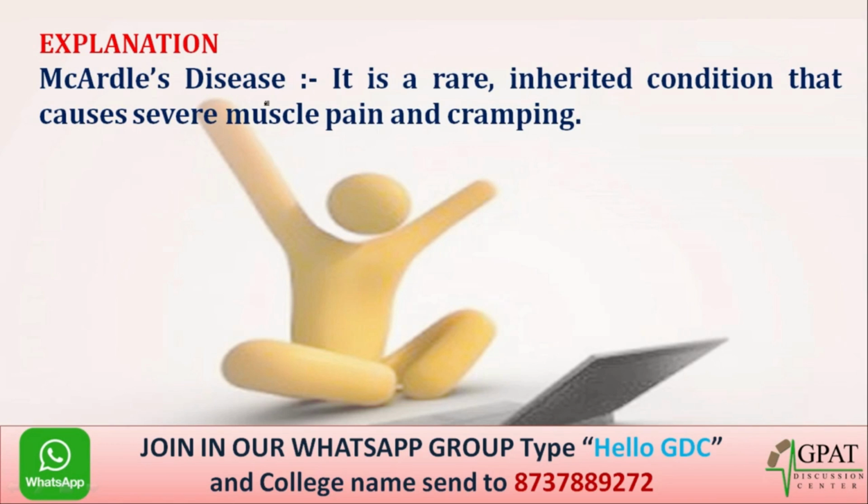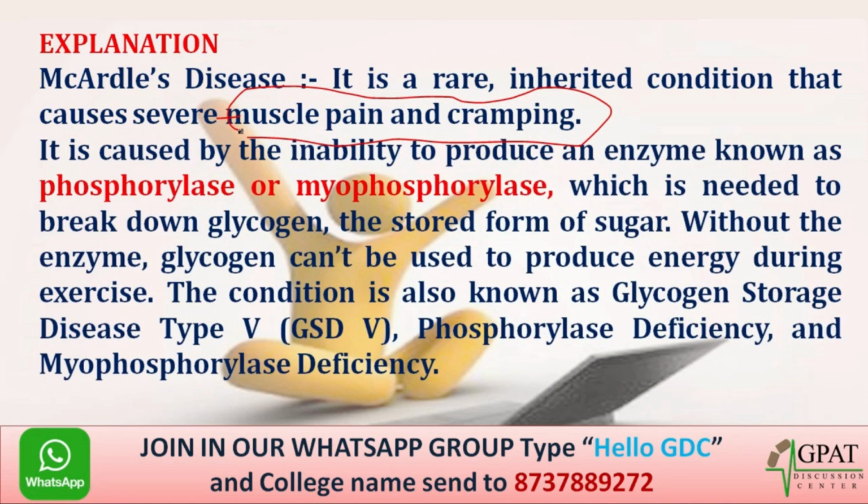Myocardial disease is a rare inherited condition that causes severe muscle pain and cramping. Students, just try to note down that in this, muscle pain and cramping occurs, and it is caused by inability to produce an enzyme known as phosphorylase or myophosphorylase, which is needed to break down glycogen, the stored form of sugar.